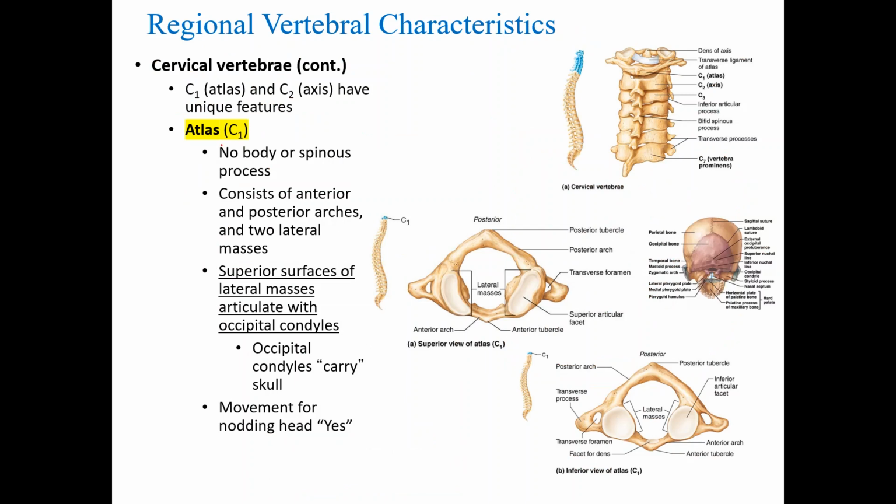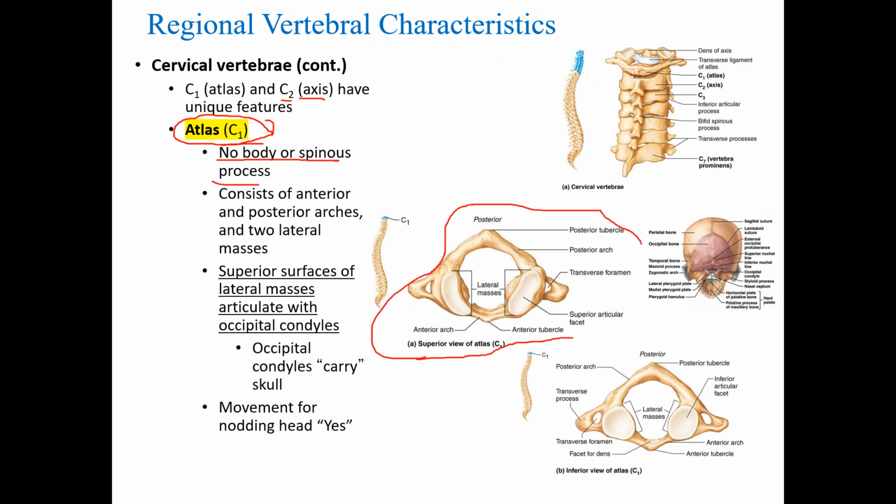Now we're going to talk about the C1 and C2 as well. C1 has a specific name, is called atlas, and the C2 also has a specific name, is known as axis. These are very special. For instance, in C1, there is no body or spinous process, okay? There is no body. This is your C1.